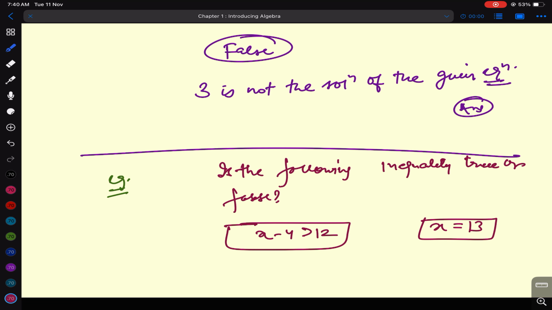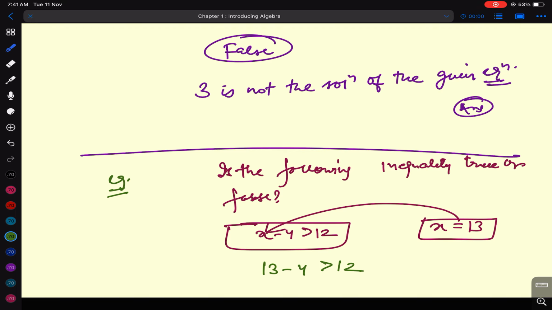Now what we are going to check, what we are verifying it for, is x equal to 13. So obviously we'll be substituting x with 13 in the given inequality, the way we did for the equation. So 13 minus 4 on the left and 12 on the right. So 13 minus 4 is 9, and 12 is on the right. So is 9 greater than 12?